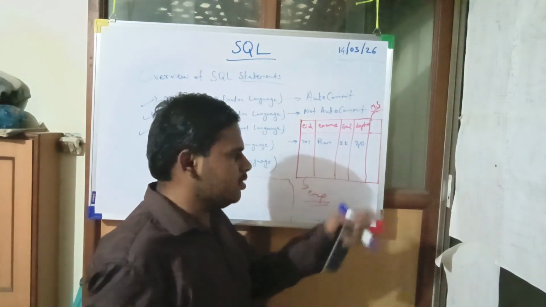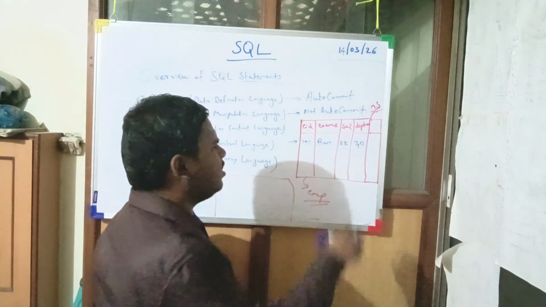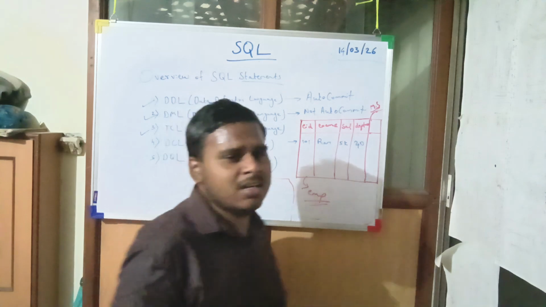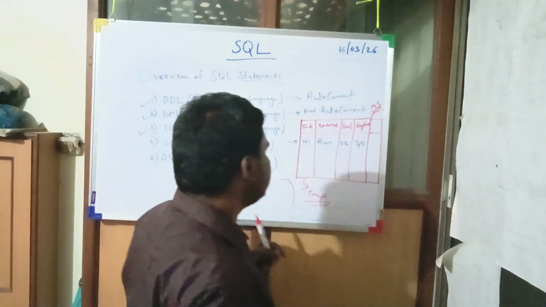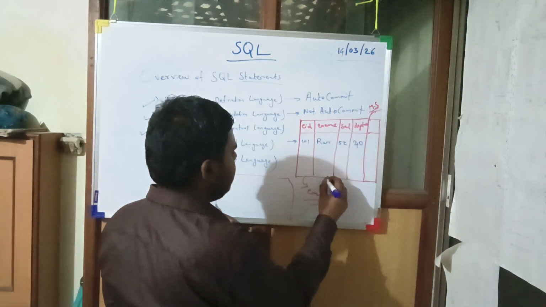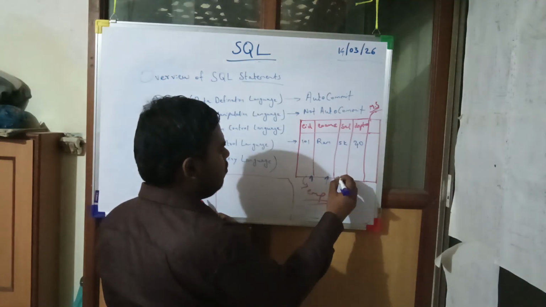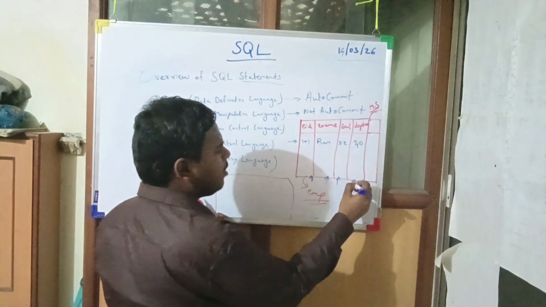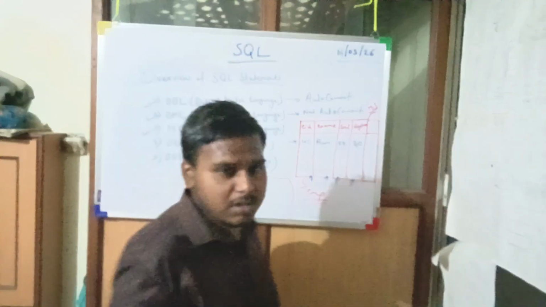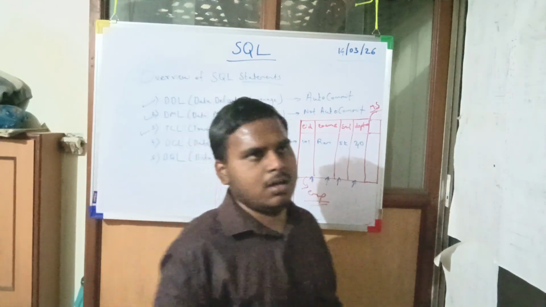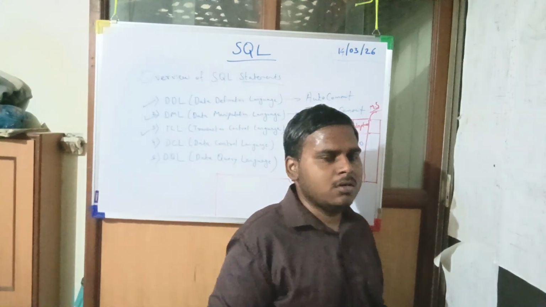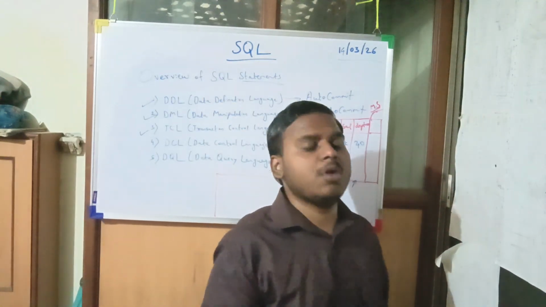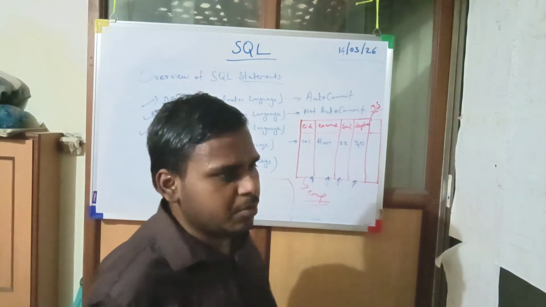HR doesn't need to know whether the employee is married or unmarried. HR just wants to know the employee name, the employee ID, the salary, and in which department he is working. These four columns are needed just to see whether a promotion should be given, the department number should be changed, or his salary should be updated.